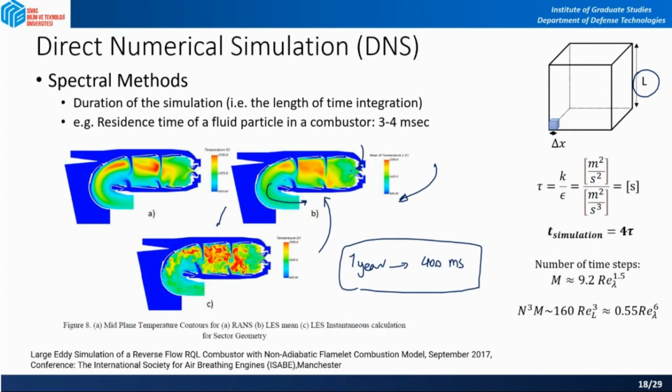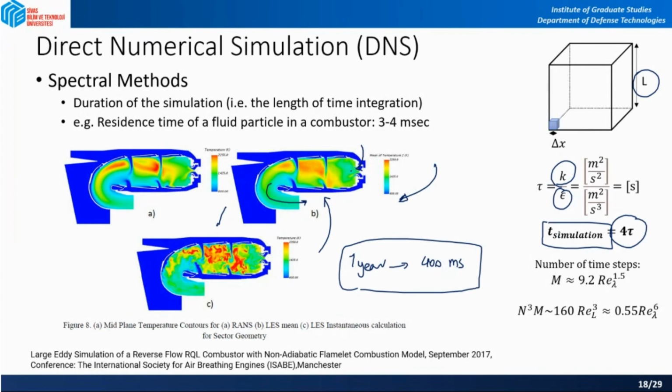For a typical homogeneous isotropic turbulence inside the cube, you're expected to go around 4 times tau. Tau is a very rough estimate of the time scale, and it is the turbulent kinetic energy K over your dissipation rate. So if you calculate your tau, 4 times tau will be the duration of the simulation. It's a rough estimate.